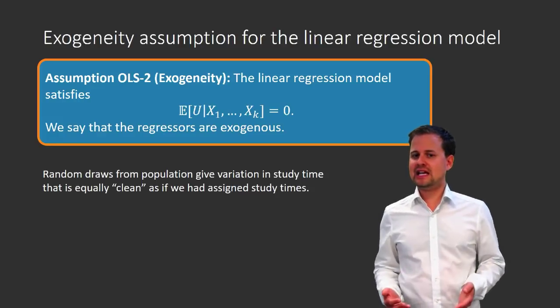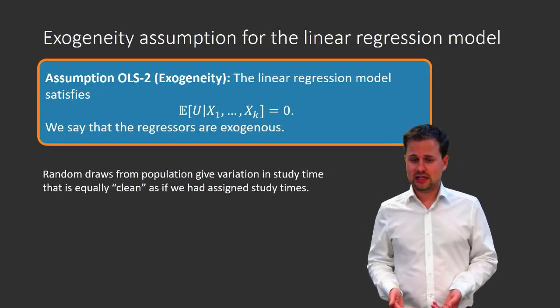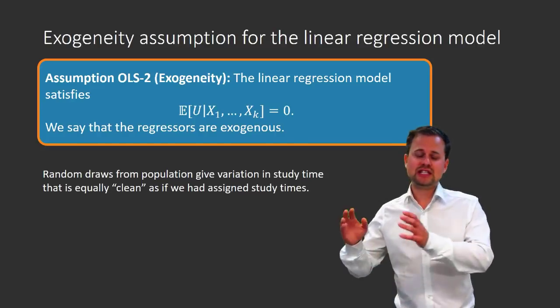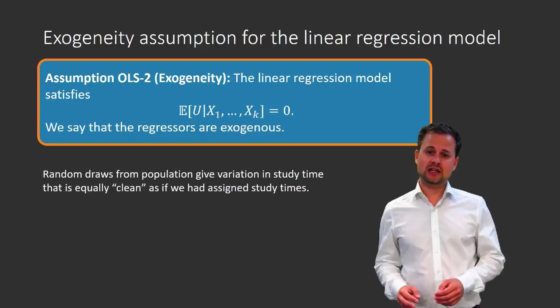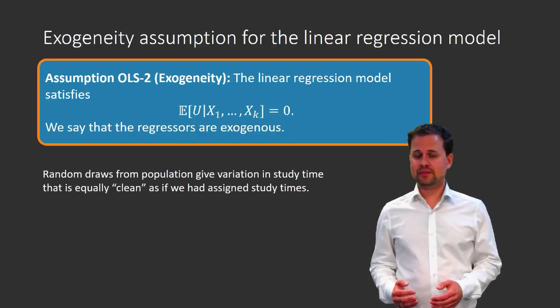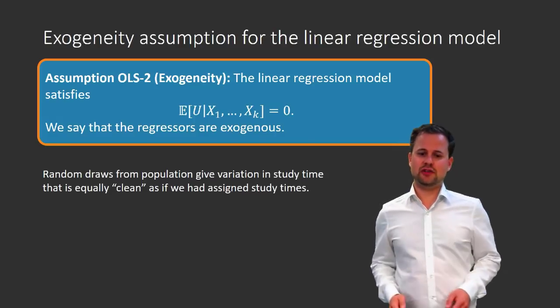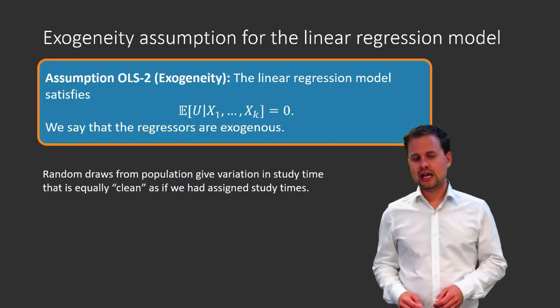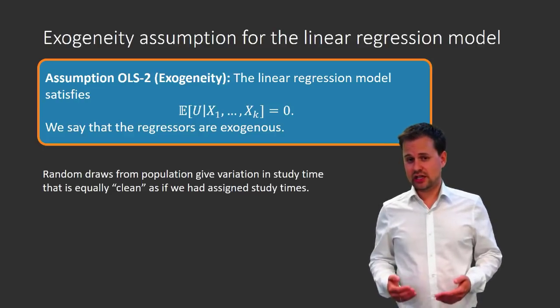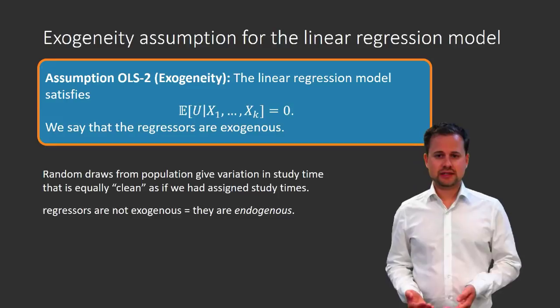So in the same way as if we as researchers, as people who are outside of the system that we are studying, who are exogenous to the system, had just set the values of the regressors. If the regressors are not exogenous, then we say that they are endogenous.